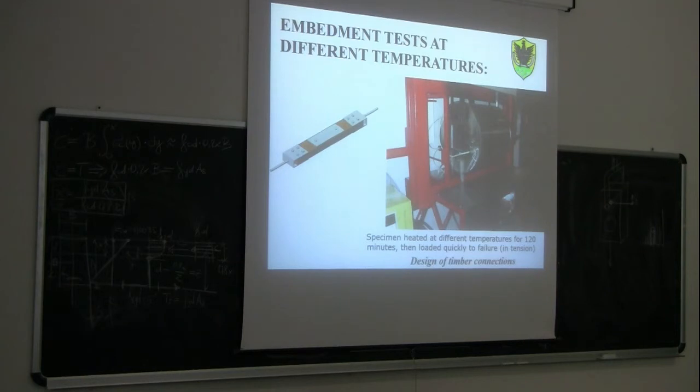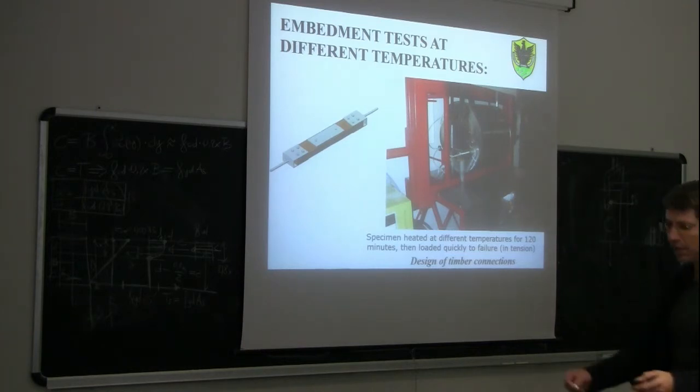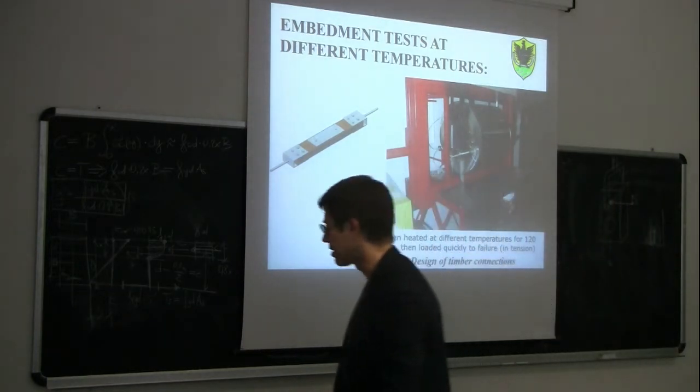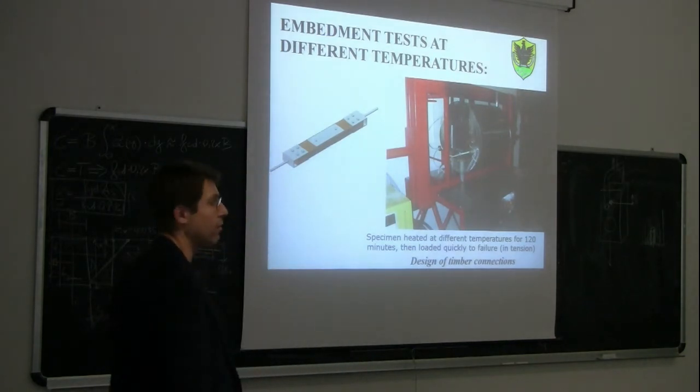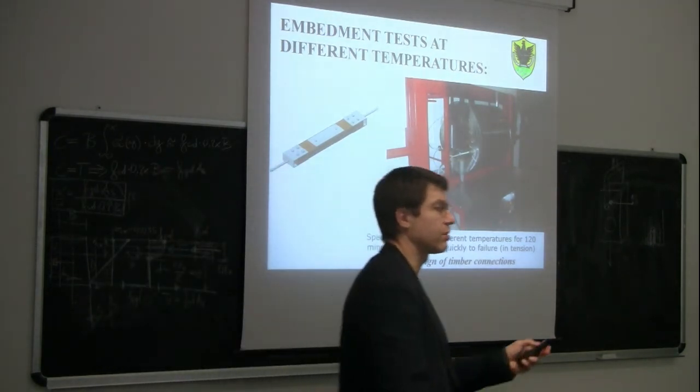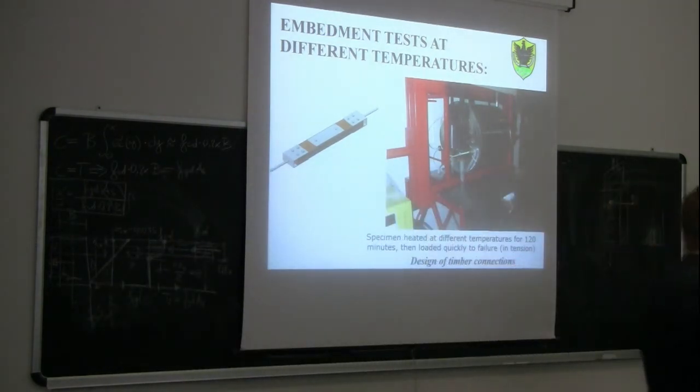The specimen was first heated in this small furnace to a certain temperature, for example 200 degrees, for 120 minutes, and then the load was increased up to the specimen failure in order to find out the dependency of the strength of the connection upon the temperature, which is important when we are interested in fire resistance.